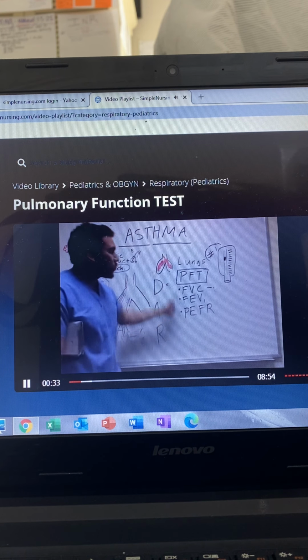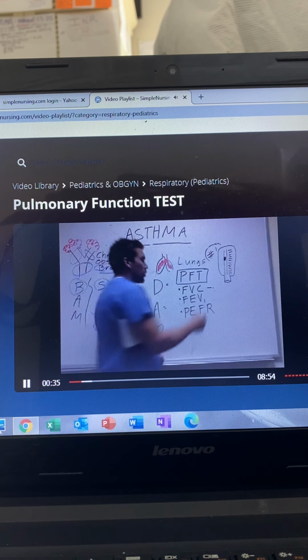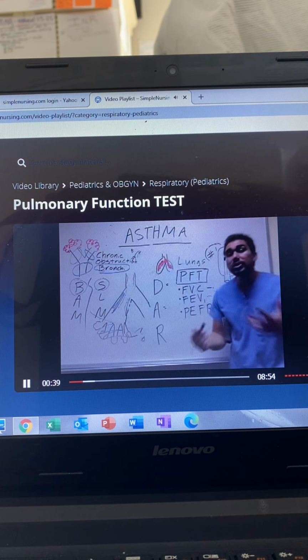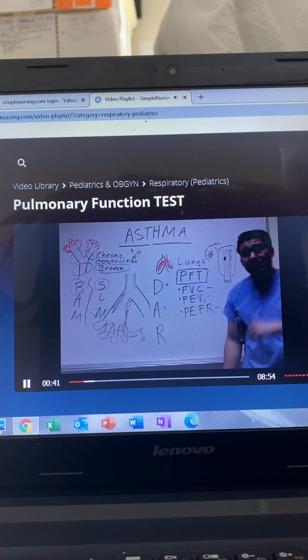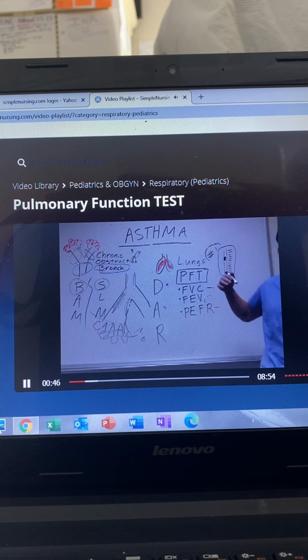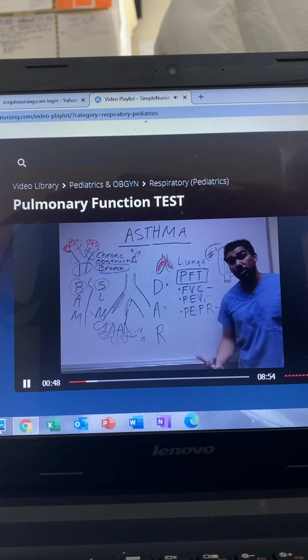So there are three major criteria for your pulmonary function tests here. Now, usually registered nurses are not the ones doing the tests themselves, but we have to read the results.